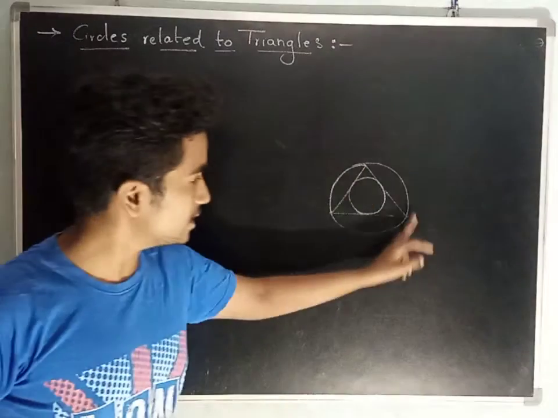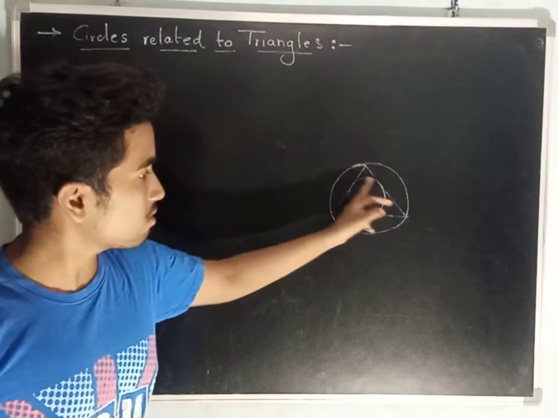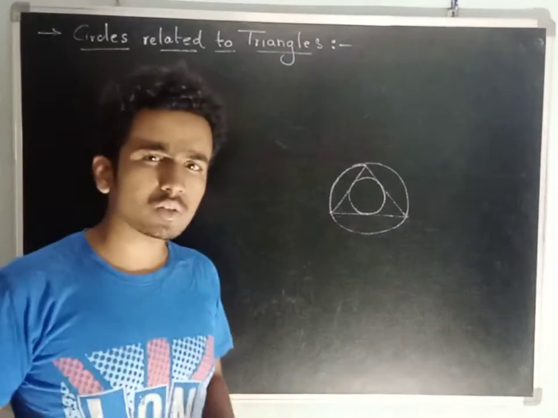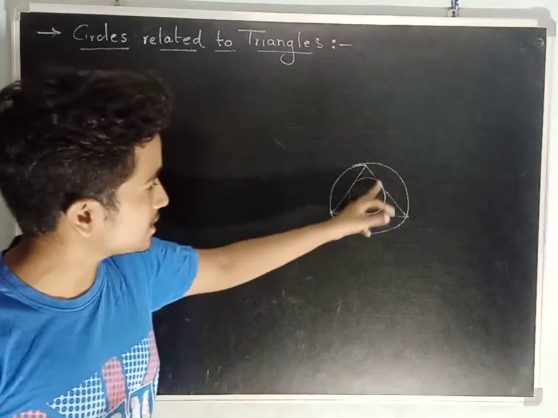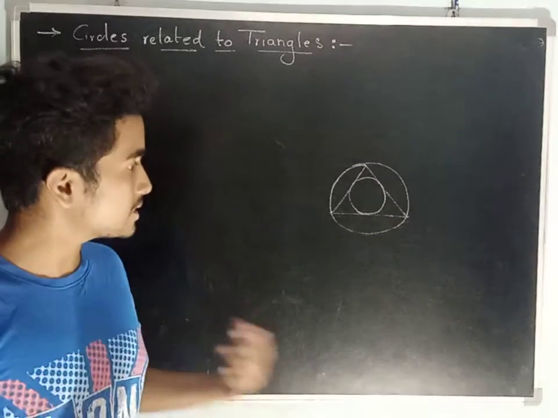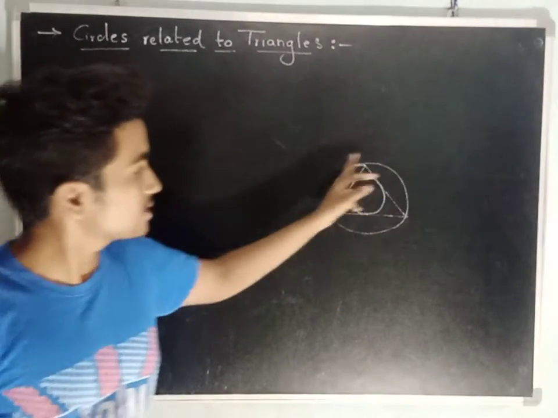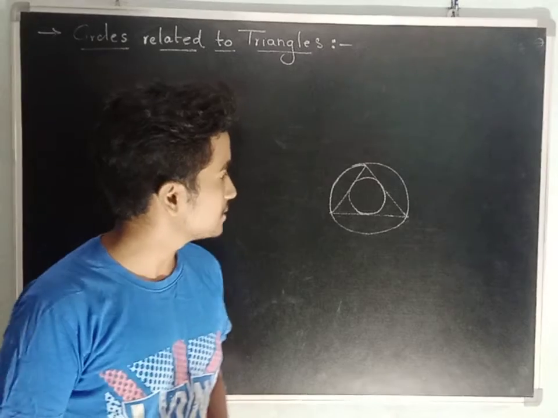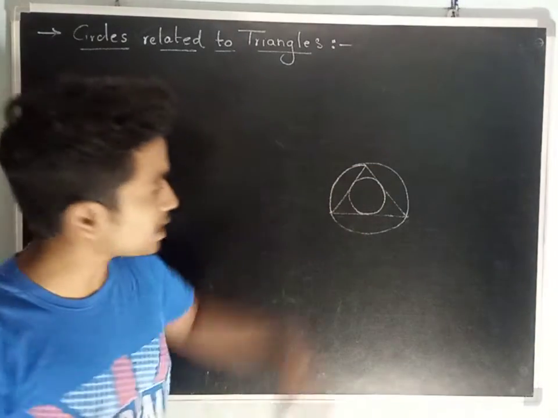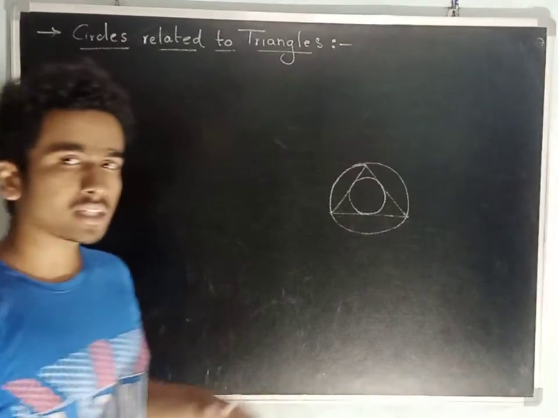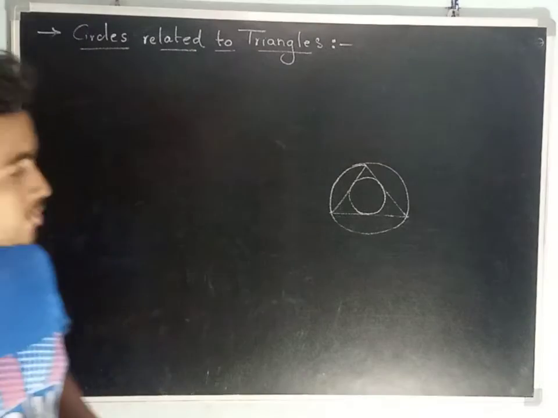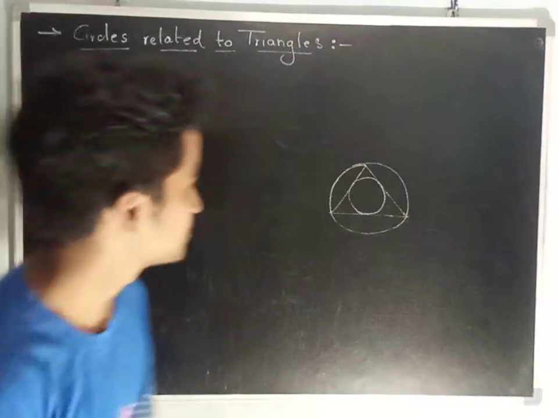Okay, this is the triangle, and this is how we can draw the two major types of circles, that is the circle which lies inside the triangle and the circle which lies outside the triangle. Okay, basically these two types we are going to discuss in this video and in further videos also.